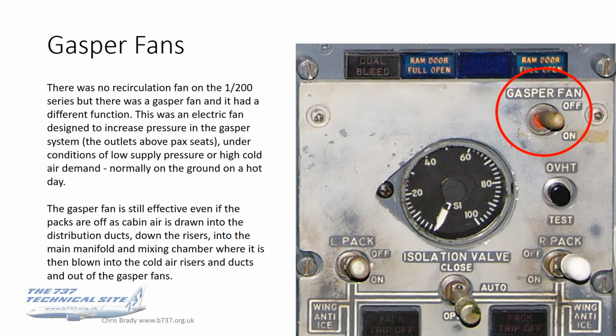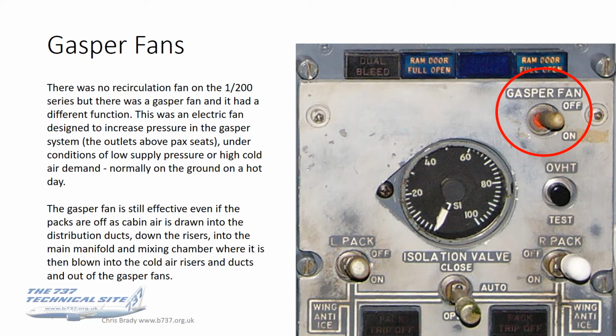The 737-100 and 200 didn't have recirc fans, they had Gasper fans instead. It's got a slightly different function. This is an electric fan designed to increase pressure in the Gasper system, which are the outlets above the passenger seats, under conditions of low supply pressure or high cold air demand.